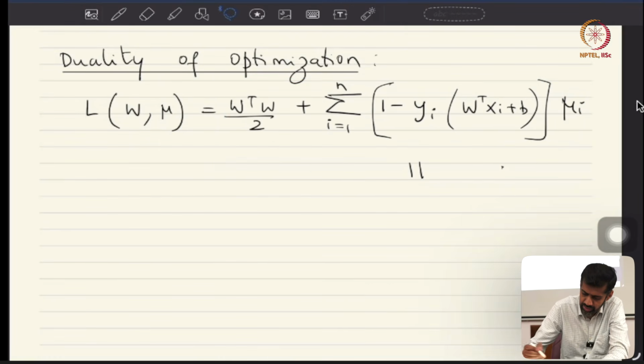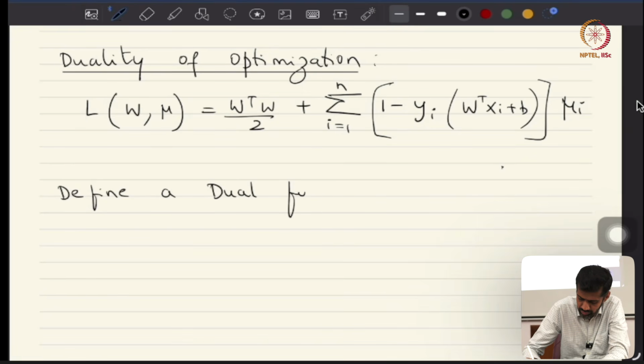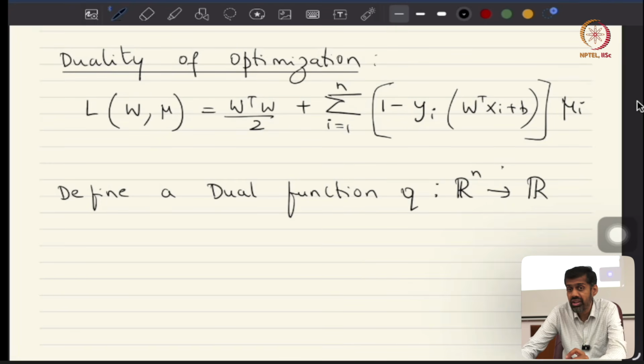This is the problem that we have. Now define a dual function first. Dual function q is a function from Rn to R, where n is the number of Lagrange multipliers. The dual function will always be a function from Rn to R, where n is the number of Lagrange multipliers, always.